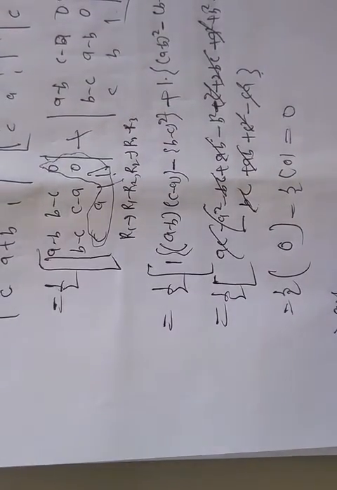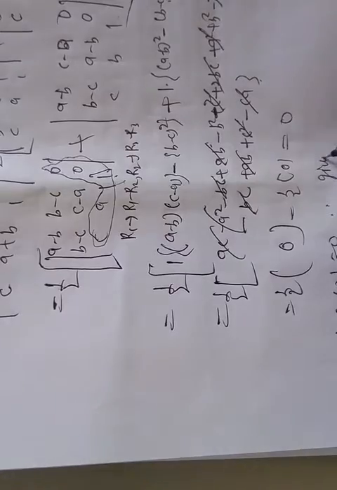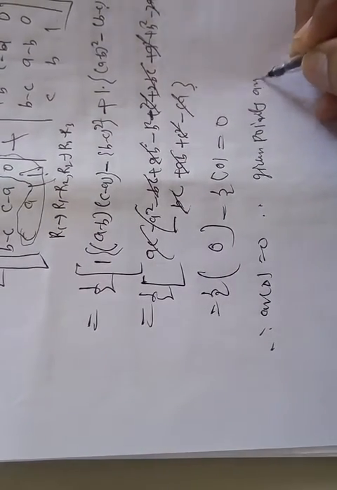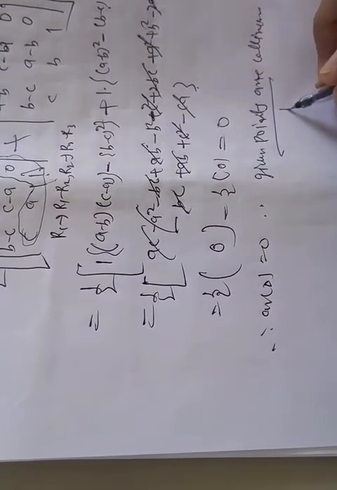Then the area of the triangle is equal to 0. Therefore the given points are collinear. Okay, true.